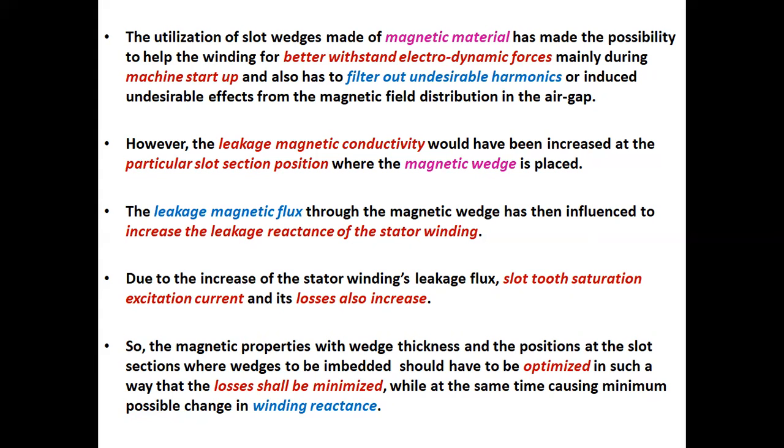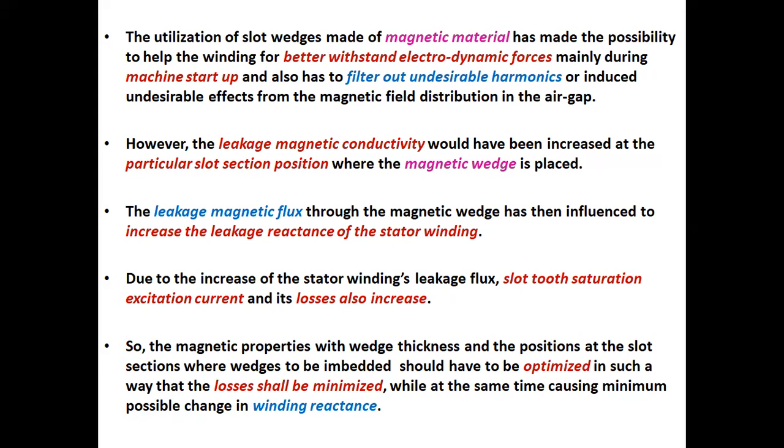The leakage magnetic flux through the magnetic wedge has then influenced to increase the leakage reactance of the stator winding. Due to the increase of the stator winding's leakage flux, slot tooth saturation, excitation current and its losses also increase.